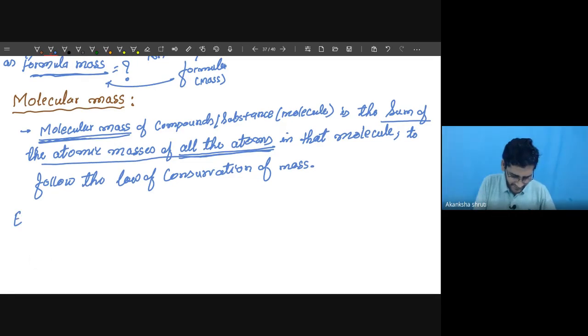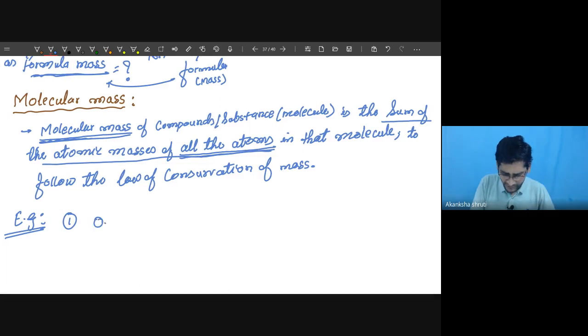Example, students: let us take the oxygen molecule. What will be the mass of the oxygen molecule? Keep in mind, we are writing oxygen molecule, not the oxygen atom.